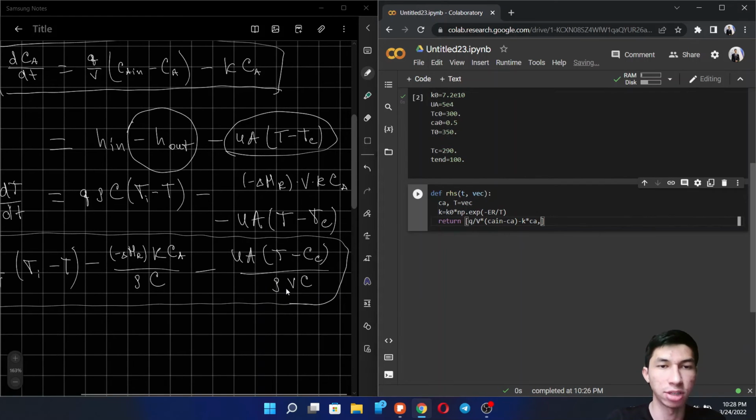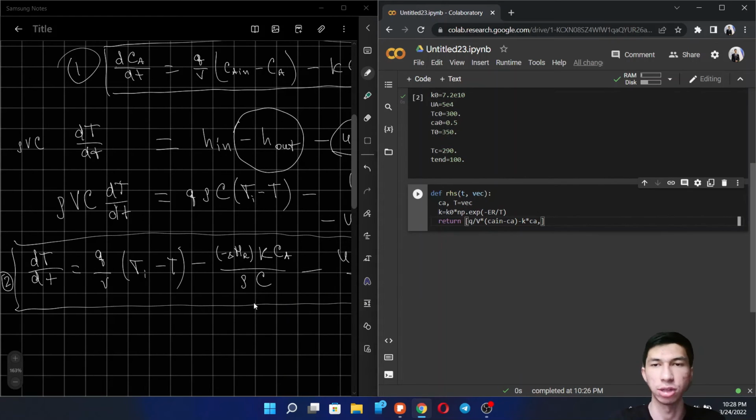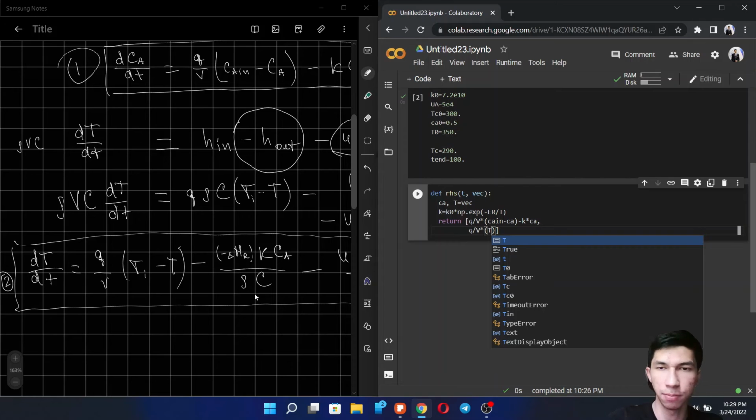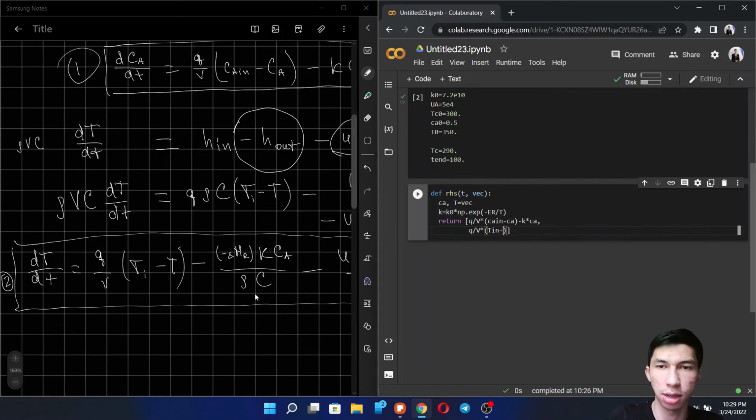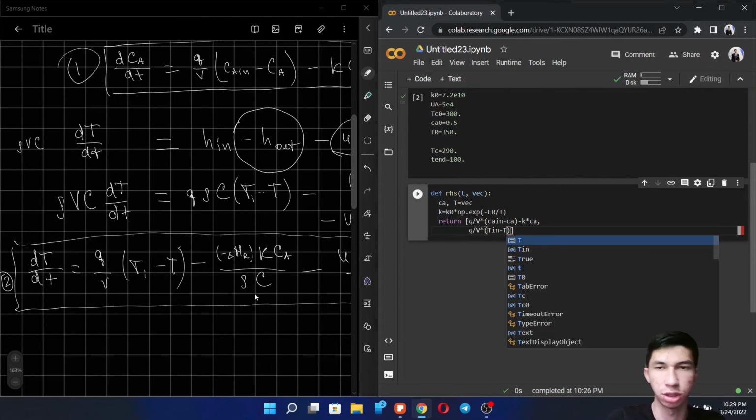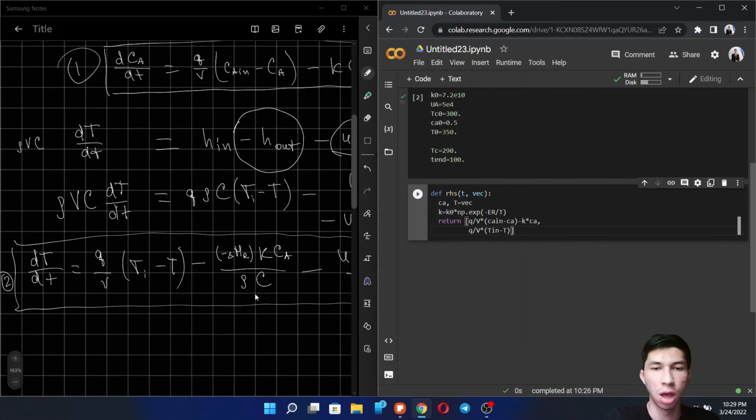Now we have our second ordinary differential equation that we have to return. I'm going to write this down. It's going to be Q over V times the temperature going in minus temperature going out, which is equal to T. And as these are both negative, I can just write them as positive.